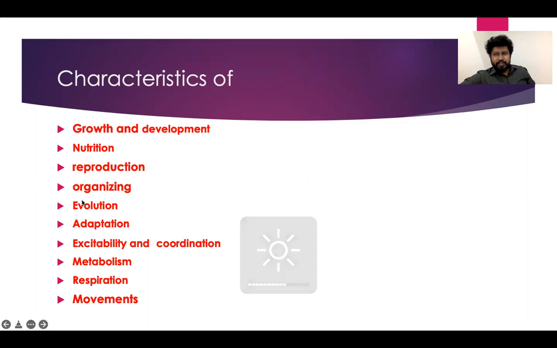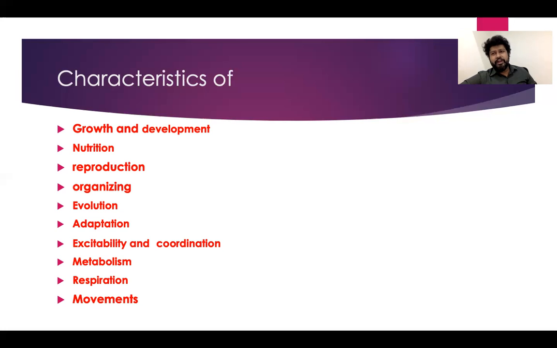There are some more features related to these organisms. Nutrition is essential for growth. We can take nutrition from food, basically, and sometimes through drinks, which can also be counted under food or beverages. Another important thing is reproduction.